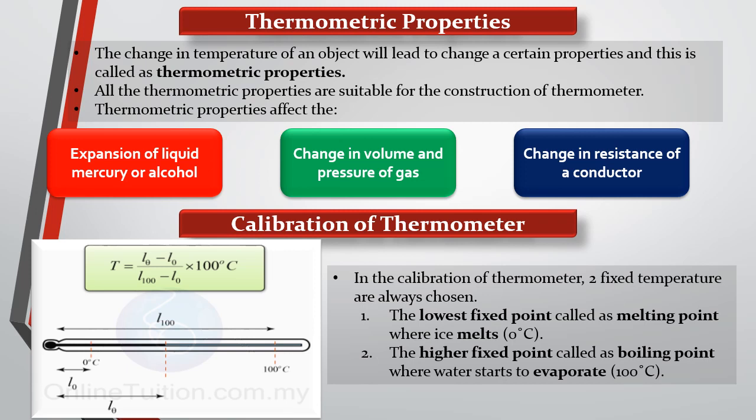The first is the lowest fixed point, called the melting point, where the ice starts to melt, usually at 0 degrees Celsius. The second is the higher fixed point, called the boiling point, where water starts to evaporate, usually at a temperature below 100 degrees Celsius.